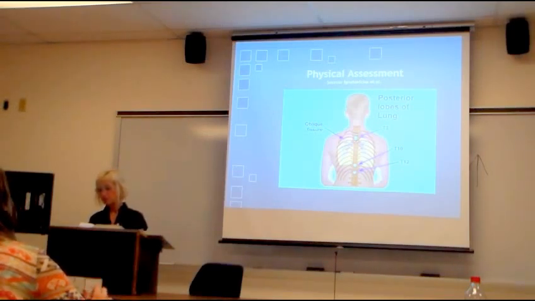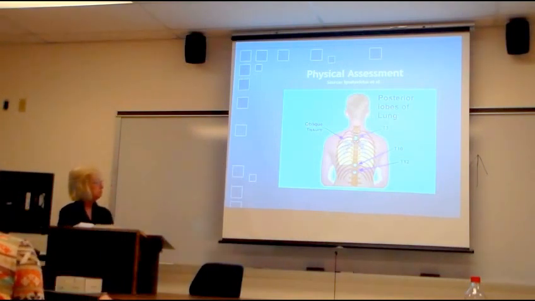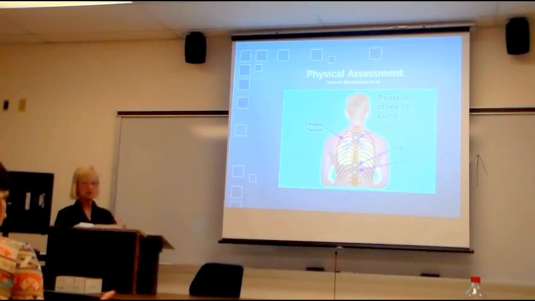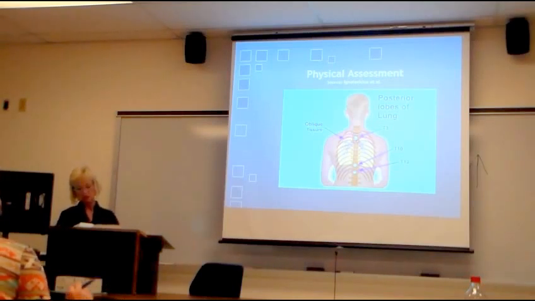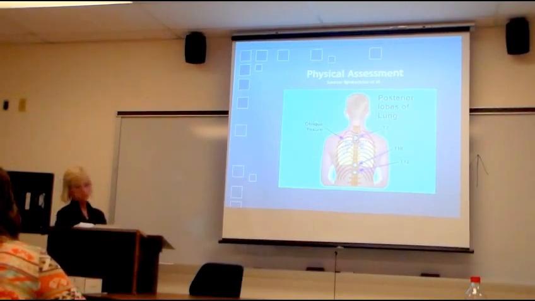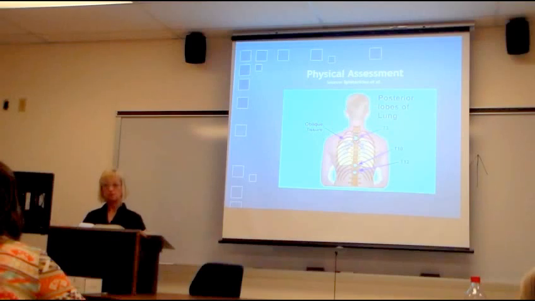Observe the rate, rhythm, and depth of their inspiration, and symmetry of chest movement. Are both sides moving together? An equal expansion. If one side's expanding and the other side's not, it could be some type of disease. And if they're using their accessory muscles, which means they're having trouble breathing.